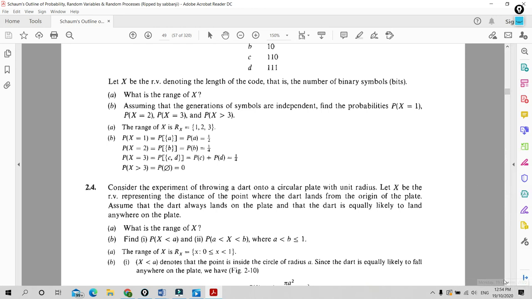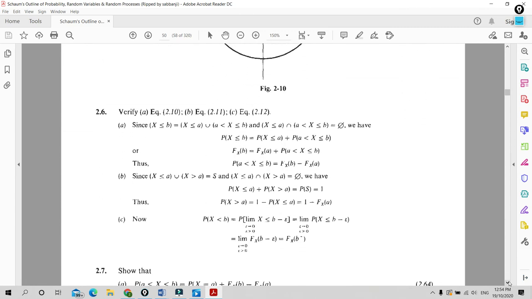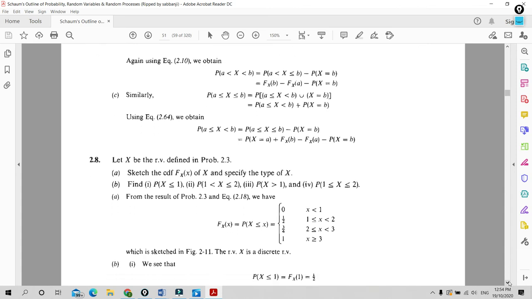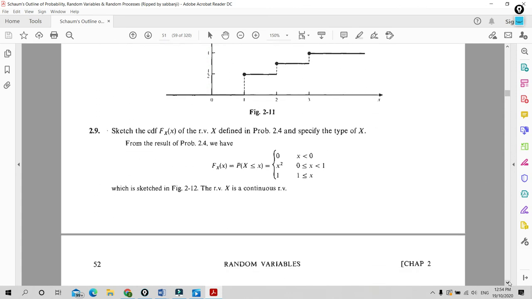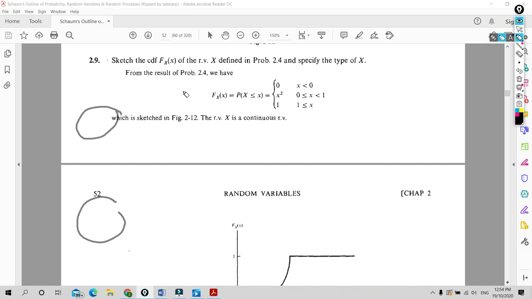Try 2.1, 2.2, 2.3, and then try to solve 2.8.